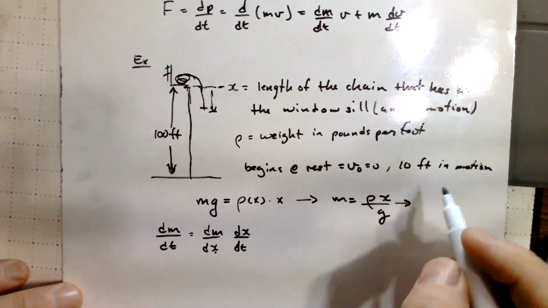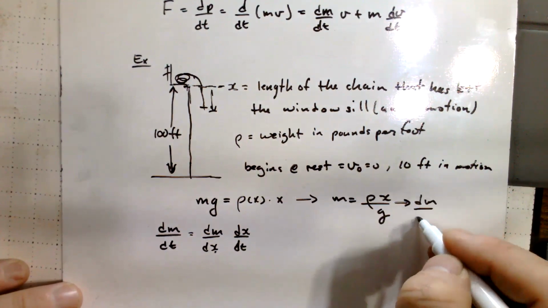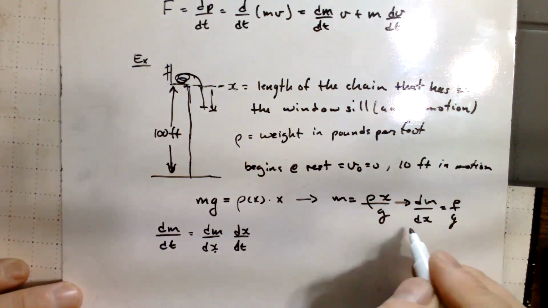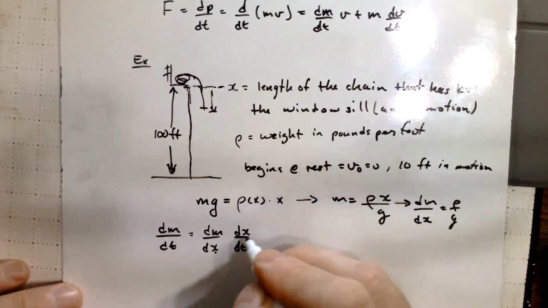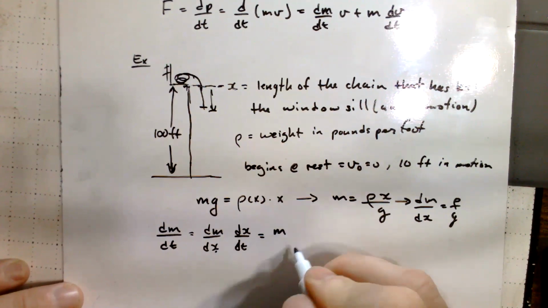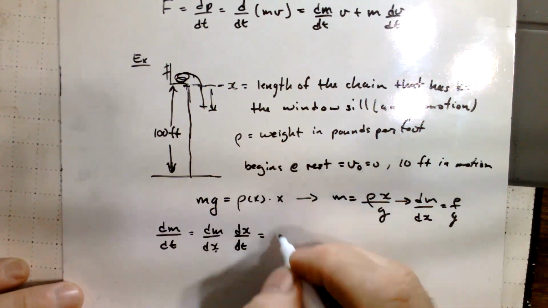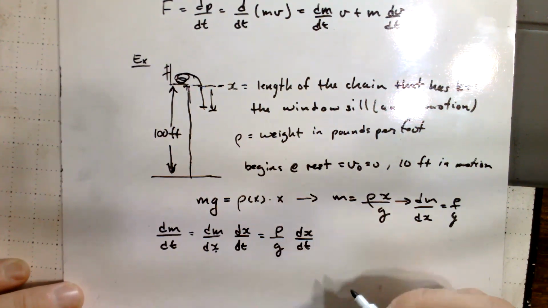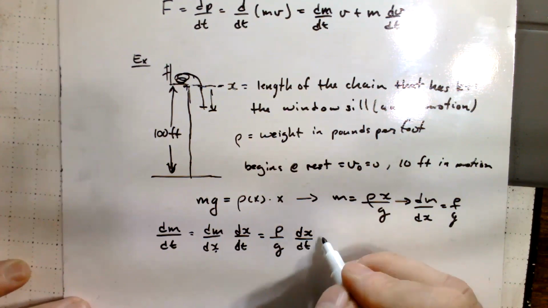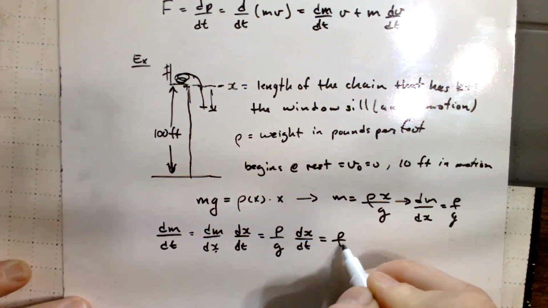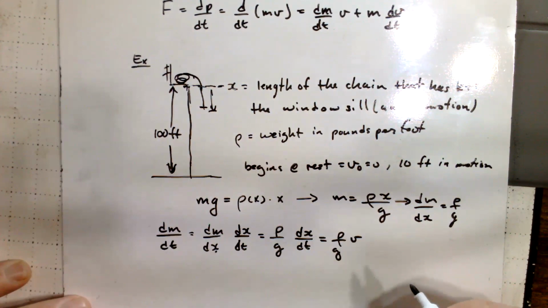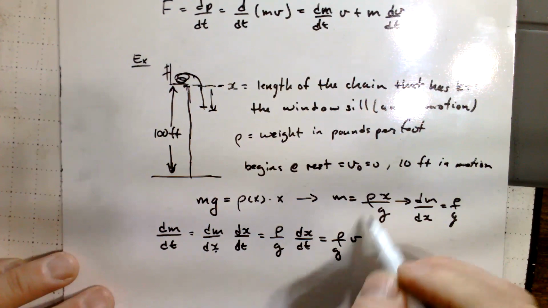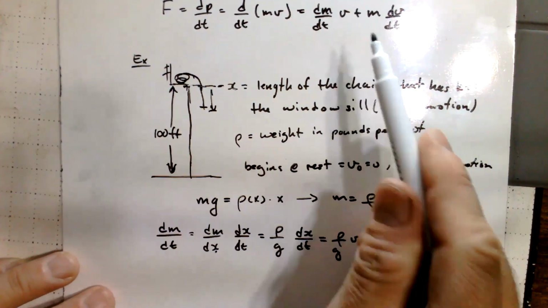In other words, dm dx is equal to rho over g. So plugging this value in here gives me rho over g times dx dt, which is exactly our velocity. So we have rho over g times v. That's really helpful because now we have dm dt.